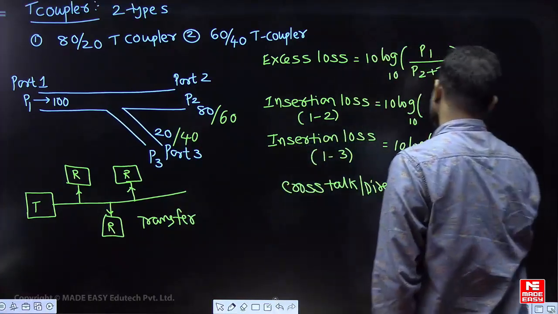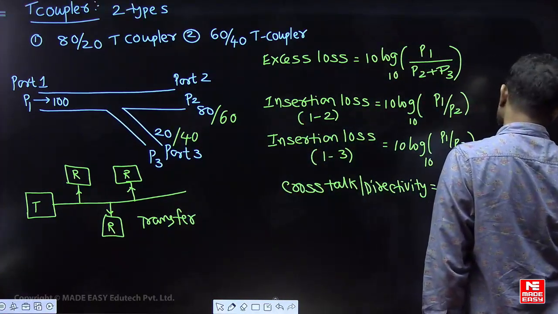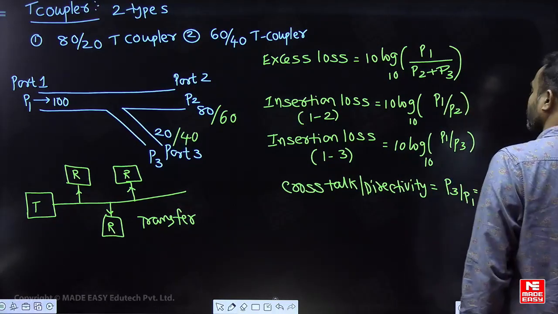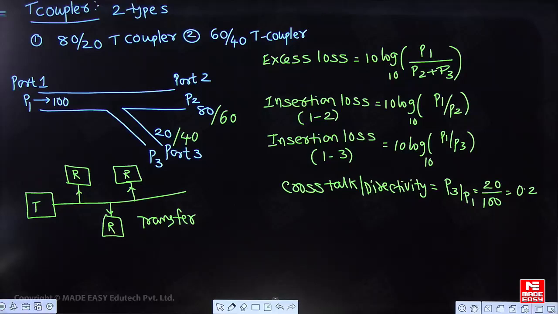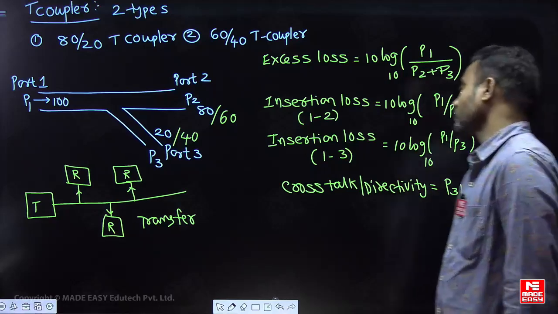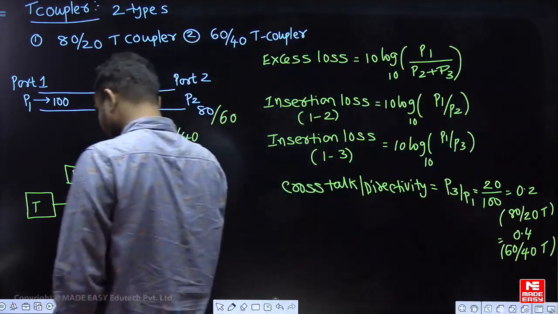So P3 by P1 means 20% out of 100%, it is called 0.2. Directivity or crosstalk is equal to 0.2, it is fixed, for the 80 by 20 T coupler. This is equal to 0.4 for 60 by 40 T coupler. This is crosstalk or directivity.